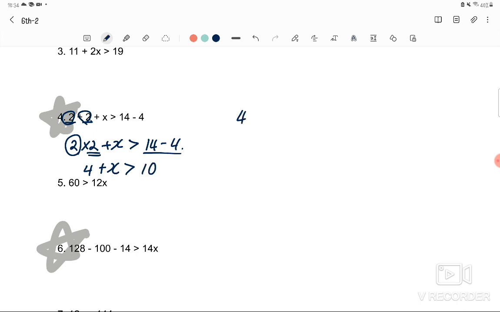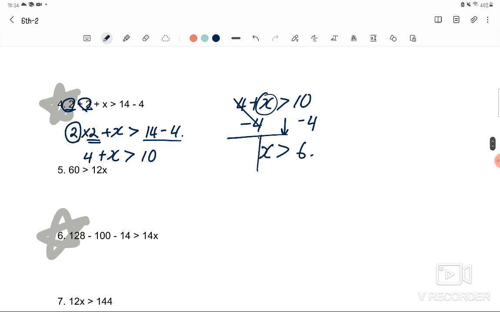So if I rewrite this, you have to subtract 4 in order to leave the x by itself. So the 4 cancels out, and x is left by itself and greater than 6. So for this case, you don't change the sign like you see over here. It's pointing in the same direction, right?